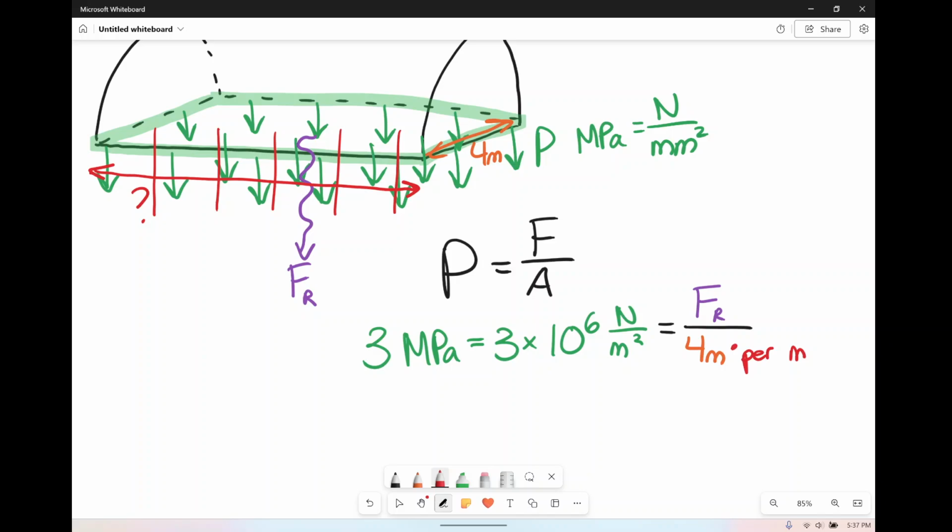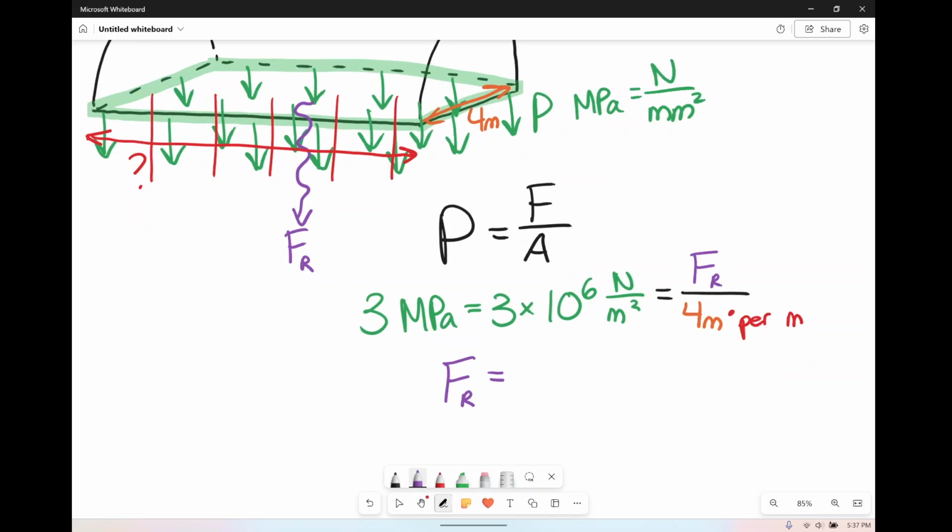So it's 4 times whatever our thing is. So again, a per meter interval length. So we're going to get a force resultant of 12, right? 3 times 4, magic. 12 times 10 to the 6, and it's in newtons per, of course, per meter of length. So it is technically newtons per meter, but this per meter is just a length that we're going down the entirety in the x direction.